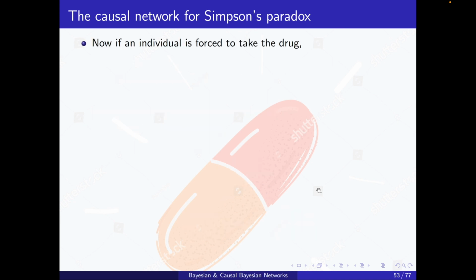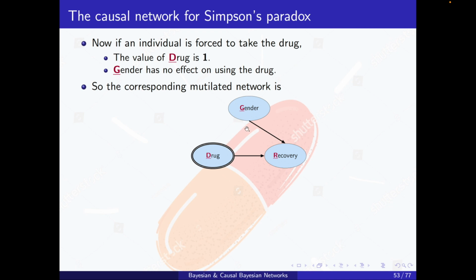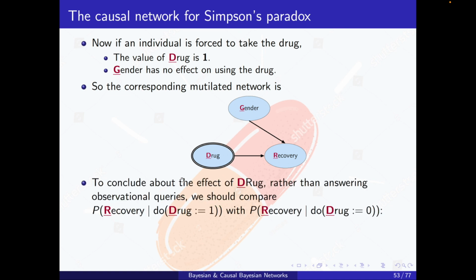Okay, so now using this DAG, if an individual is forced to take the drug, then the value of drug will be fixed to 1, and gender will have no effect on drug, so it will be a mutilated network like this. Now, if I want to truly conclude about the effect of drug, rather than answering observational queries, we should compare these two intervention queries, the probability of recovery given that we force drug to 1 or force drug to 0.